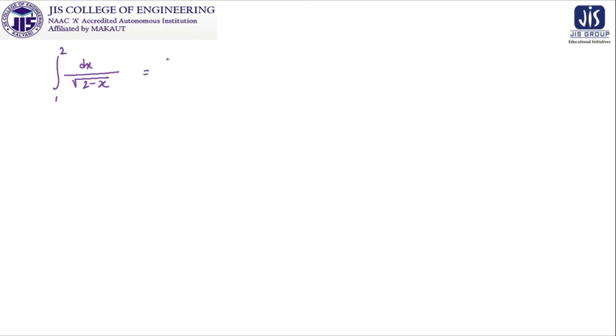So we can start this problem with limit epsilon tends to 0. We can write it as 1 to 2 minus epsilon, as it is in the upper limit, dx by root over 2 minus x.